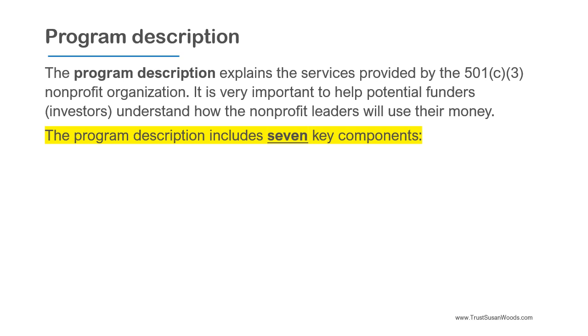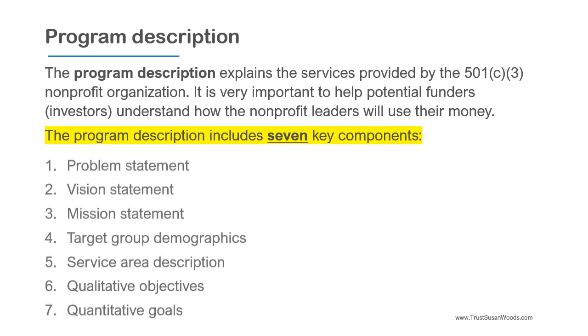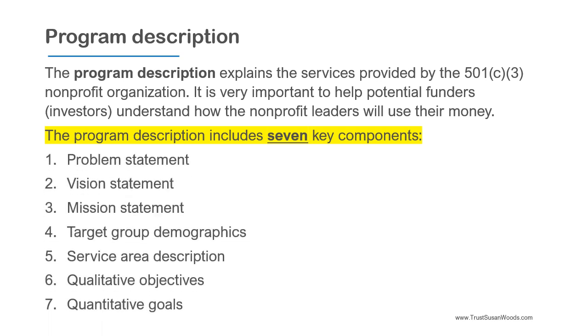The program description includes seven key components. Let's take a look at them. The first component is the problem statement. Number two, vision statement. Three, mission statement. Four, target group demographics. Five, service area description. Six, qualitative objectives.